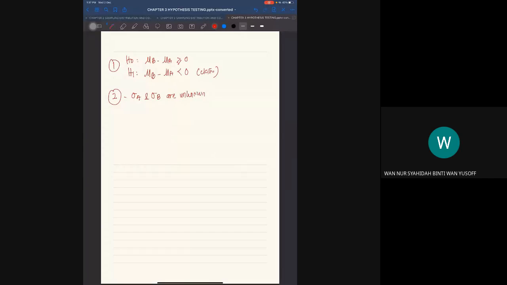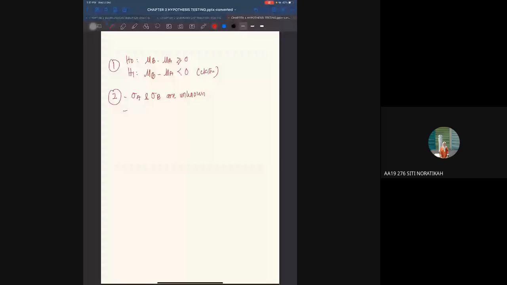So the second condition, apa dia? N is less than 30. Before that, what condition that we need to know? Sigma is equal.